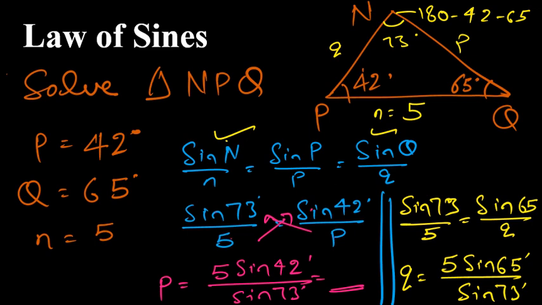So I got small p, I got 3.36, so that is 3.4 approximately, and small q, 5 sine 65 divided by sine 73, and that is giving me 4.67, so that will be approximately 4.7. So yes, these are your answers. The small p this side length is 3.4, small q this side length is 4.7, angle N is 73. So this is how you will find the unknowns.